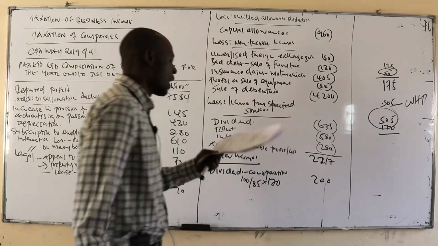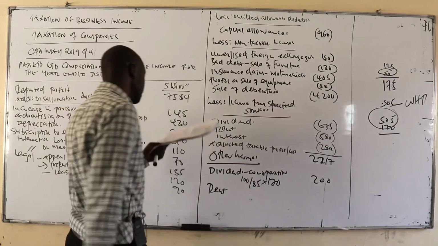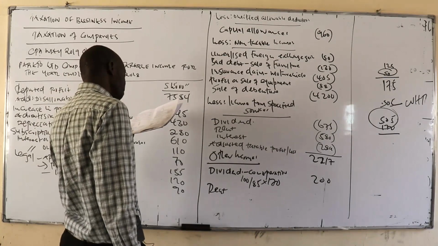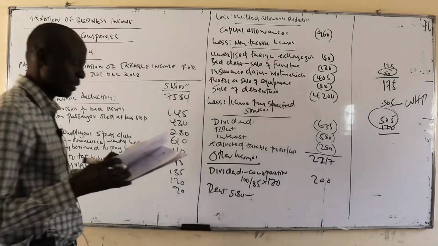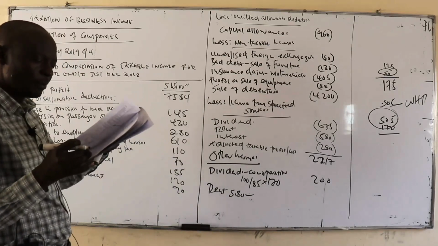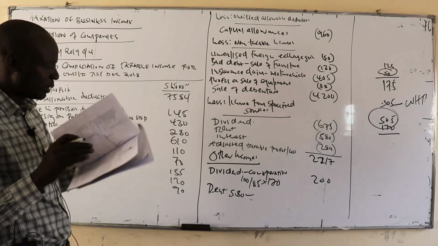And then we have, from dividend, we have rent. So you're going to add here rent. The total amount is how much for rent? 580, isn't it? You're going to deduct... Is it millions? 1,000, isn't it?